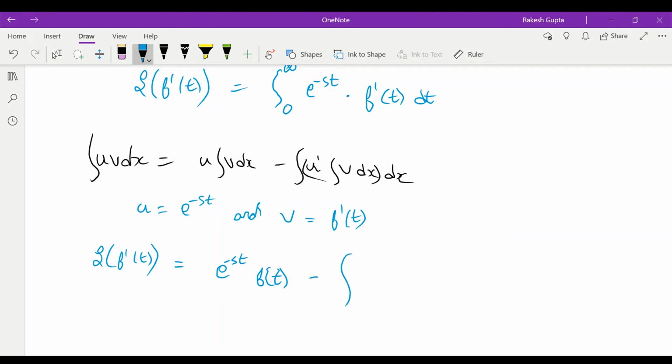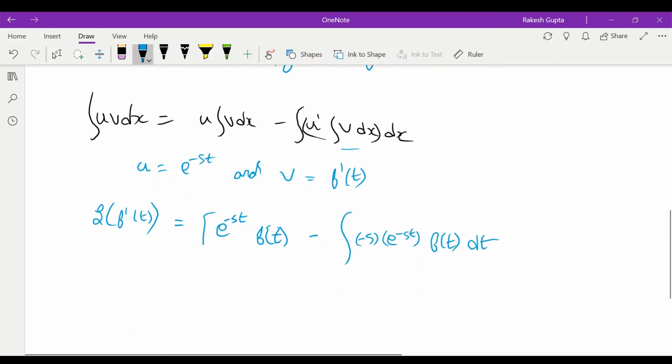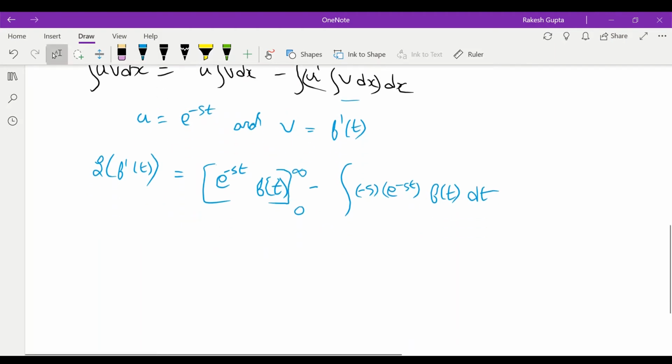Then the differentiation of e power minus st will be minus s multiplied with e power minus st, and then multiplied with the integral of f dash of t, which is f of t. The limits for these are 0 to infinity. Now when we solve further, I'm just removing this negative sign and putting it in the denominator.